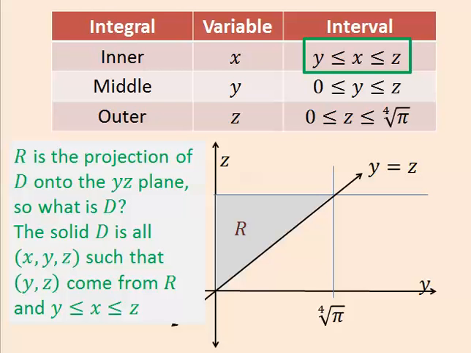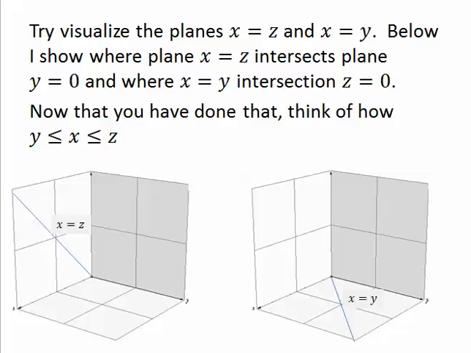The actual solid is sitting above this plane. For a given point YZ in this plane, the values of x are going to run between that given value of y and that given value of z. So x runs between the plane x equals z and x equals y.